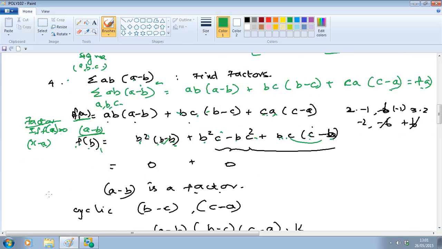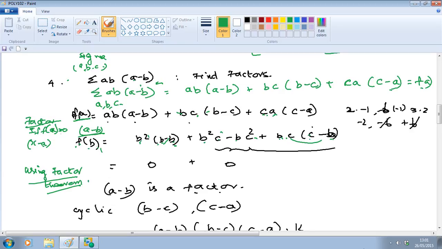So using the factor theorem, please repeat the factor theorem 2-3 times till you understand what is a plus or minus factor.